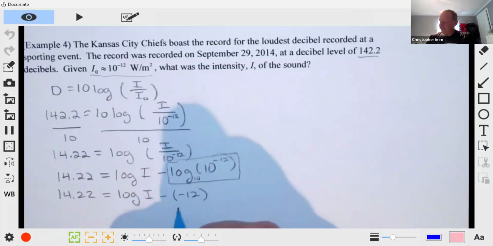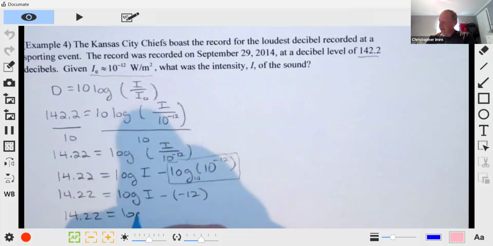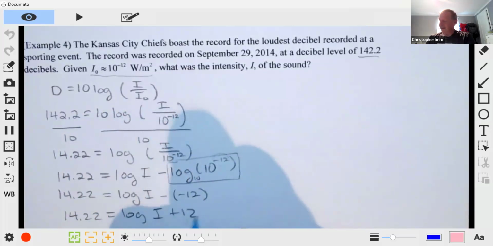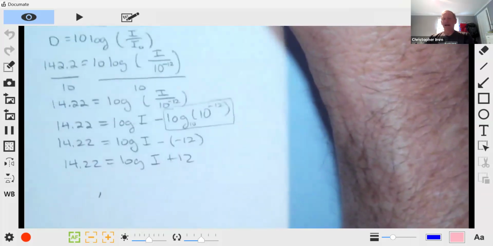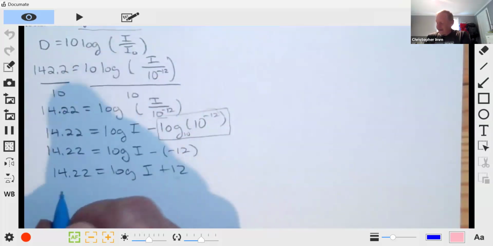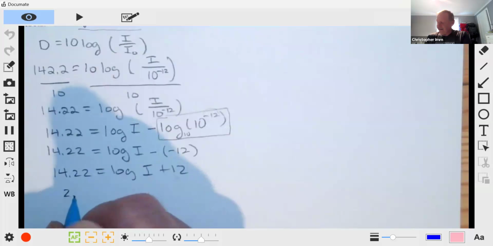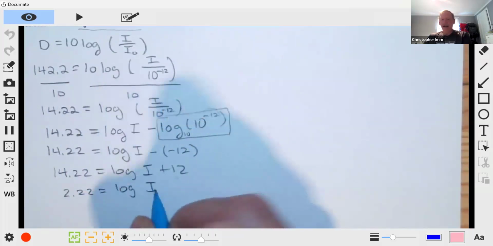We know that this is plus 12. And again, in the spirit of solving for I, I'll go ahead and move the 12 over to the left-hand side. So if I subtract 12 from both sides, I have 2.22 is equal to log of I.